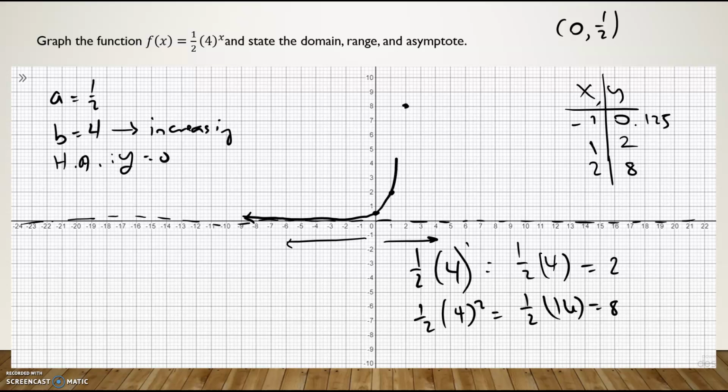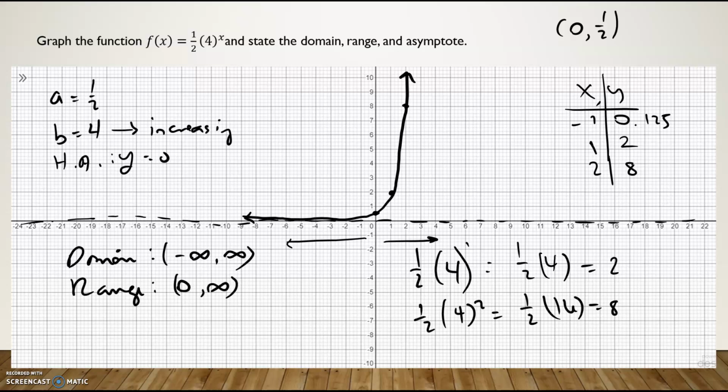Okay, so it looks like it'll be going up like this right here. Okay, and let's go ahead and state the domain, which we already know. That's negative infinity to positive infinity. That doesn't change in this section. Range goes from 0 to positive infinity.